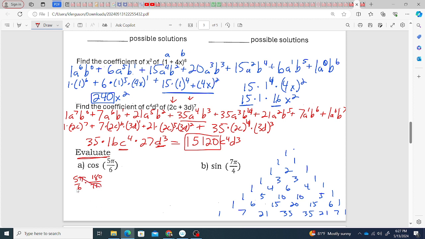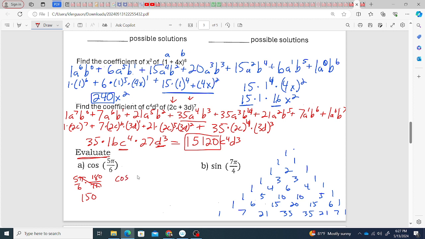Pi's cancel off. I've got 5 times 180 divided by 6. So 180 times 5, that's 900 divided by 6 is 150. So 5 pi over 6 is 150 degrees.